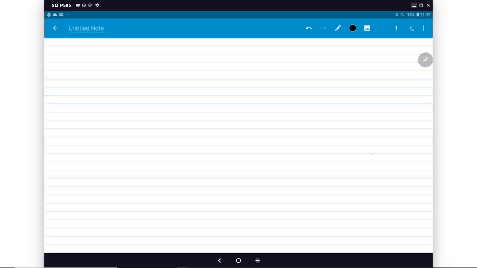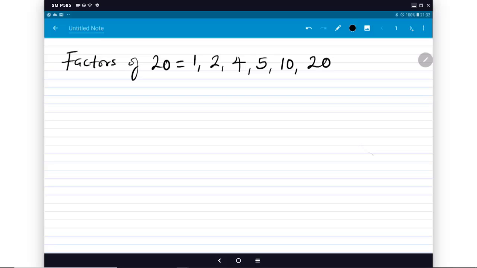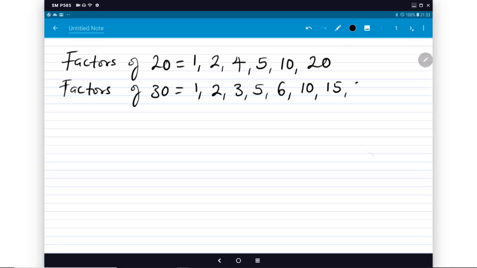So, what are we saying here? The factors of 20 are 1, 2, 4, 5, 10, and 20. Factors of 30 are 1, 2, 3, 5, 6, 10, 15, and 30.